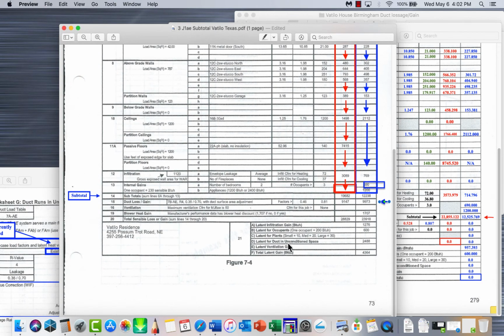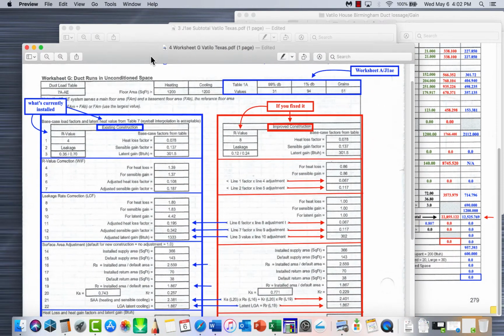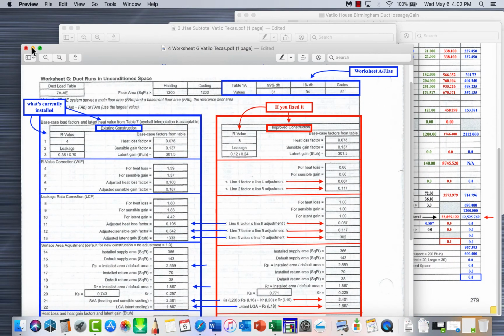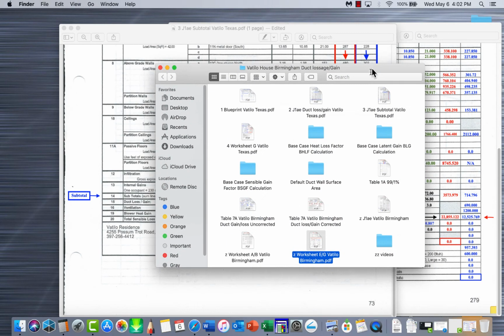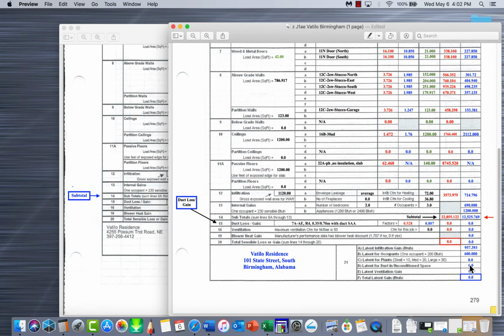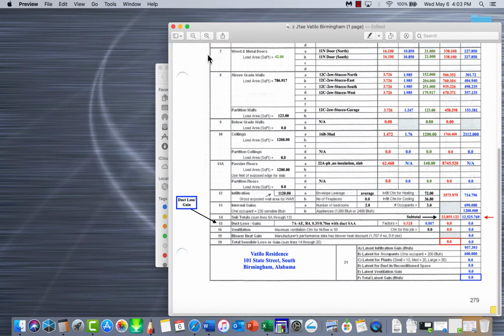Latent for duct and unconditioned spaces. So that number right there is going to go down here on our base number down there. Bring back up ours. We need to look and see what ours actually had.